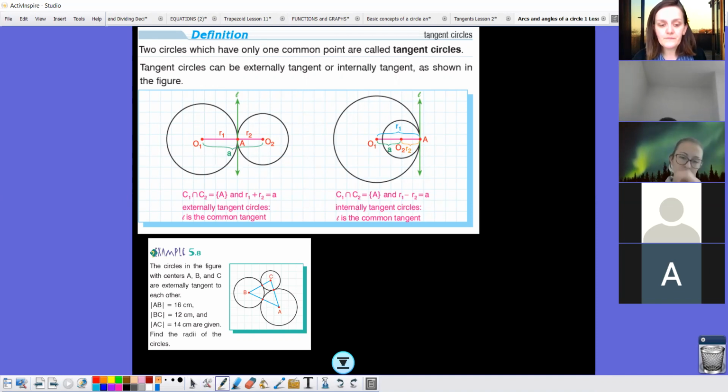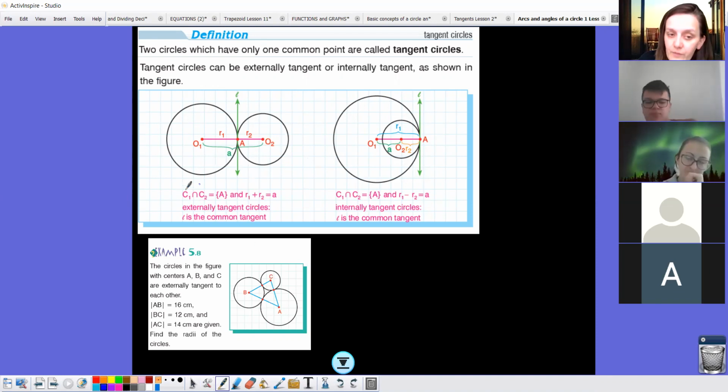Here, as you can see, we have something written. Look, what do you understand from these expressions? C1 is the circle 1, and C2 is the circle 2.